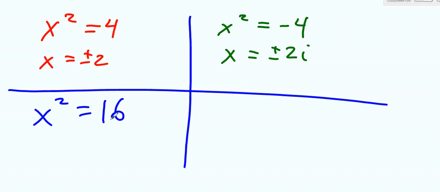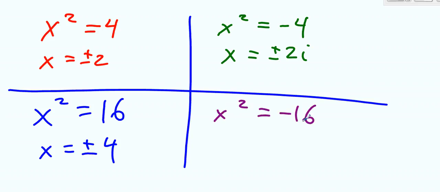We have two solutions for that. x equals plus or minus 4 when you take the square root. If you change that to x squared equals negative 16, it's the same problem except for that silly little negative, which just makes it imaginary. So it's 4i.